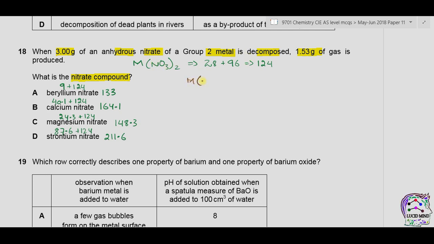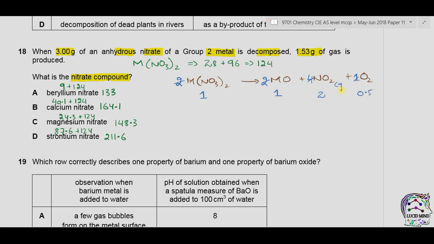So we have metal nitrate of group 2. It decomposes to form metal oxide, nitrogen dioxide and oxygen gas. We can balance this equation by writing 2, 2, 4 and 1. Or you can also simplify the ratio by writing 1, 1, 2 and 0.5.